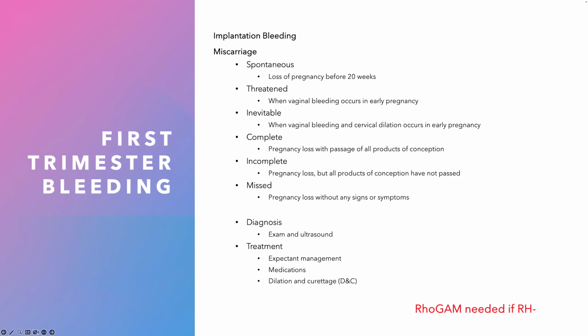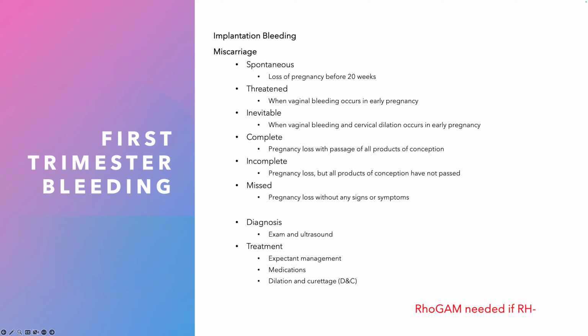This pregnancy is going to, unfortunately, not be viable or survive. A complete abortion or complete miscarriage is when somebody has that loss and they've passed all the products of conception. So nothing is left inside. So this is after that loss. Somebody comes in with bleeding and cramping, and you check their ultrasound and there's nothing in the uterus. They've passed that pregnancy.